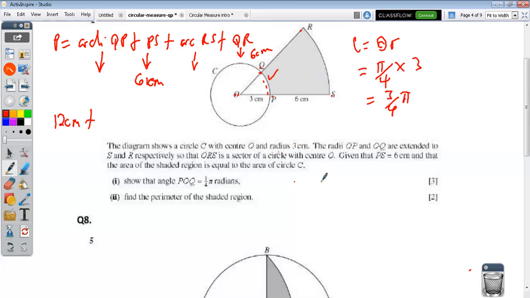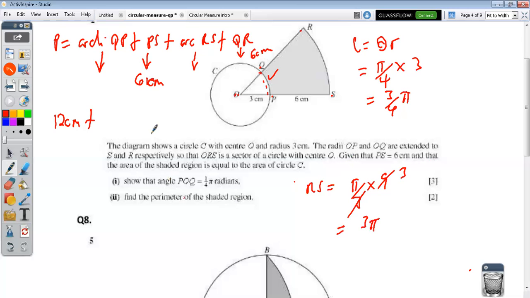Then the length of the major arc RS is the same formula. The difference is in the radius. The radius there is 9. So theta multiplied by the radius, which is 9. Now 3 into 9, 3 times. So that gives you 3 pi.